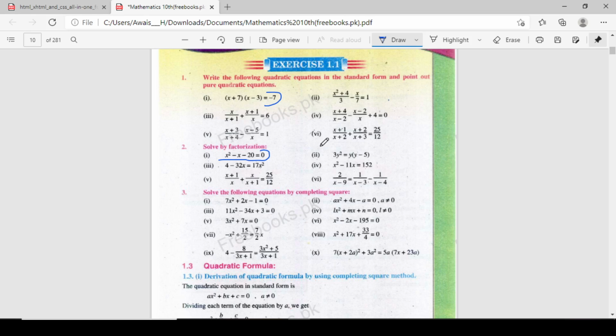Complete these questions, solve them, and ask me in the comments. Hopefully you will understand.